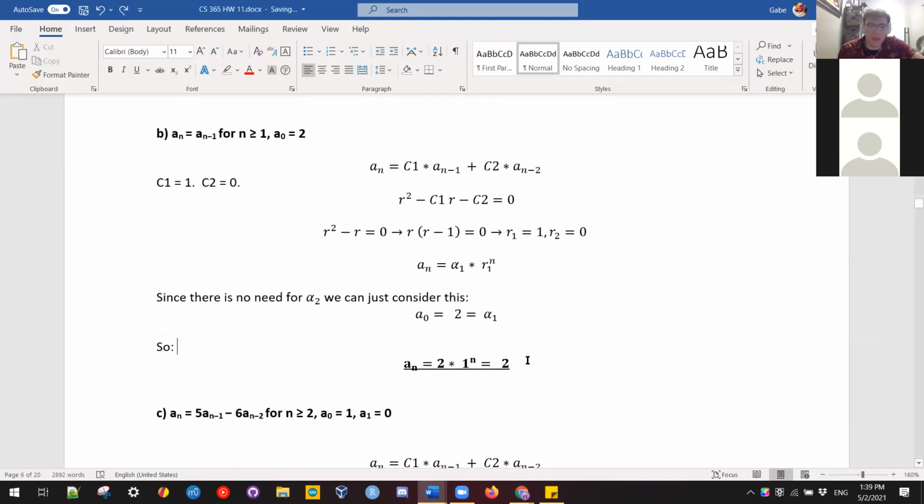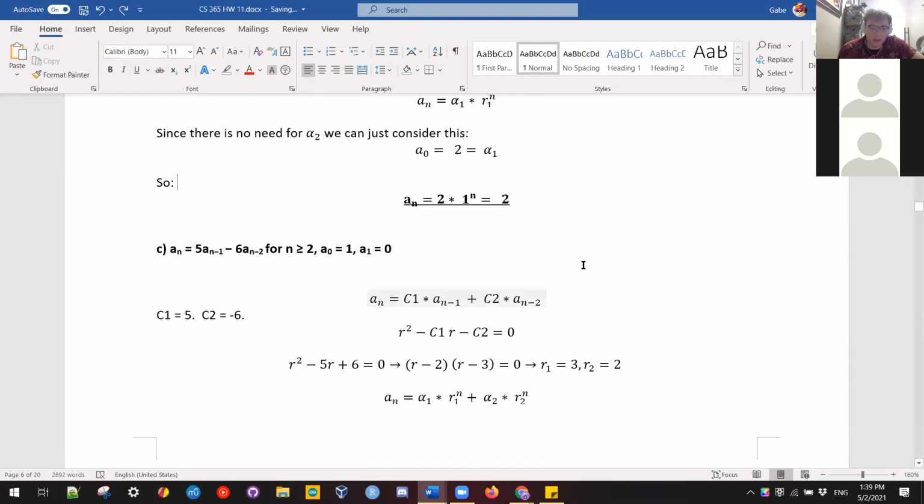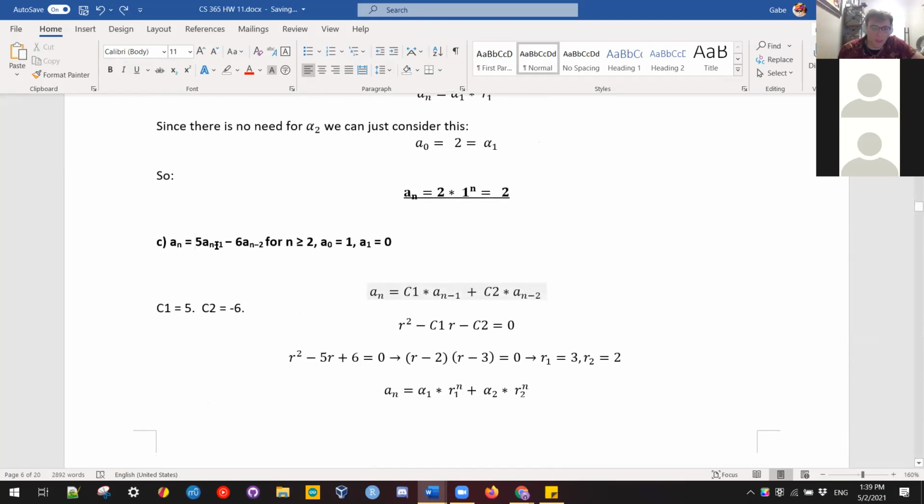Awesome. Okay, so the next one, a little harder. But we have this case again where we have 5 a(n-1) minus 6 a(n-2). So once again, coefficient, so a(n-1), we get C1 being 5, and negative 6 for a(n-2), so we get negative 6 for C2.